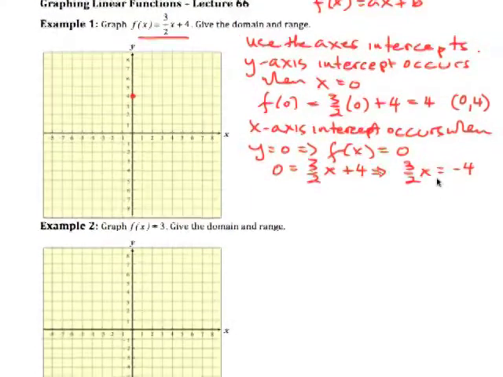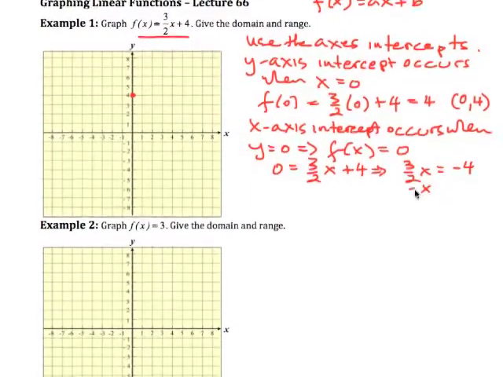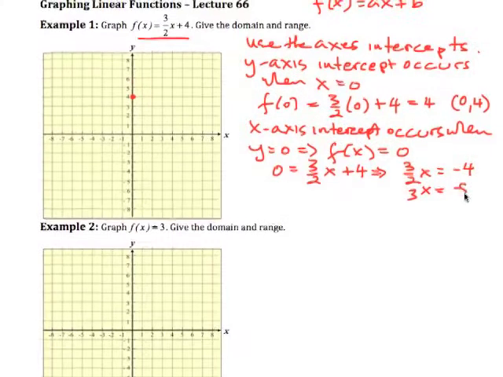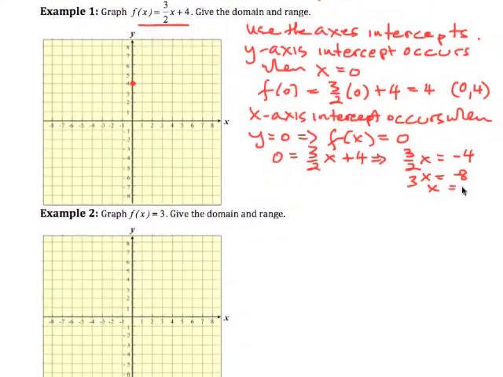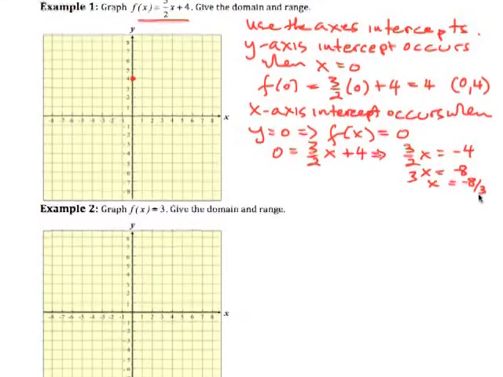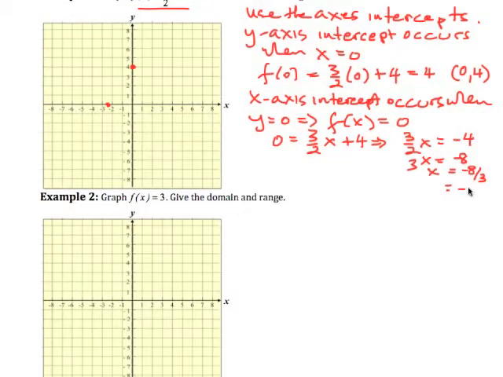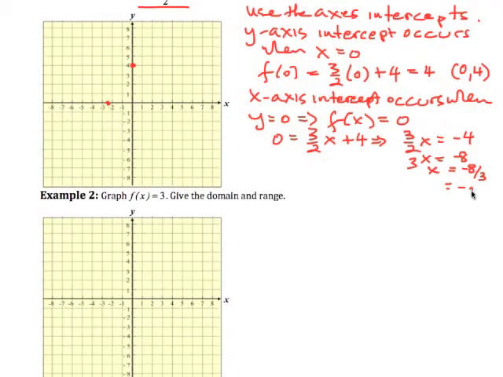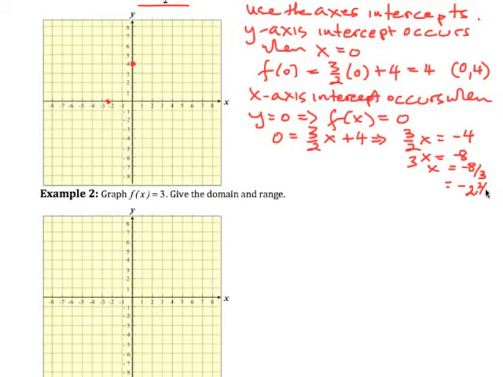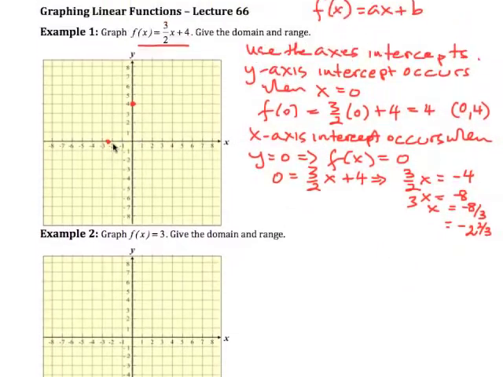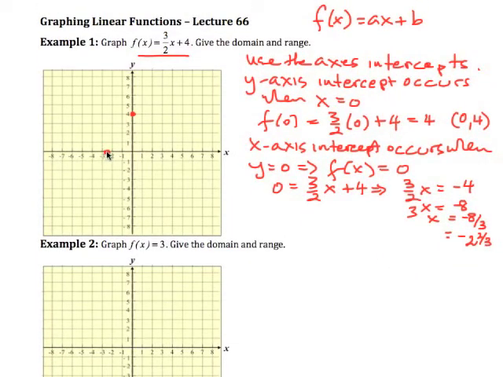If I multiply through by 2, I have 3x is equal to negative 8. And so x is equal to negative 8 thirds, which is negative 2 2/3, actually, I should say. So that's right here, about here.